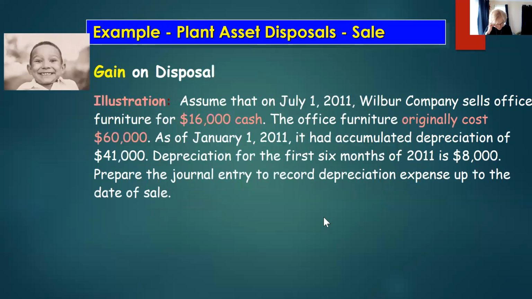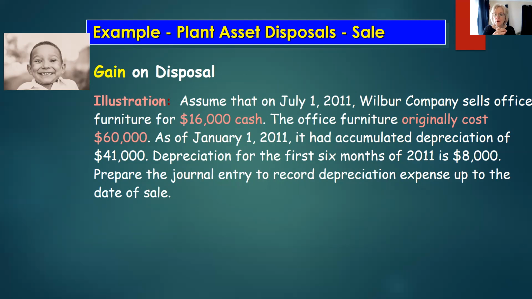So bottom of the page, Wilbur Company, page 37. Okay. So assume on July 1st, Wilbur Company sells office furniture for 16,000 cash. So we're going to assume this is a plant asset, that their job is not selling furniture, but they're just selling off some office furniture.